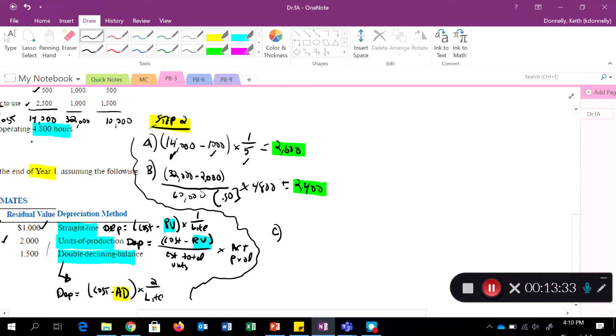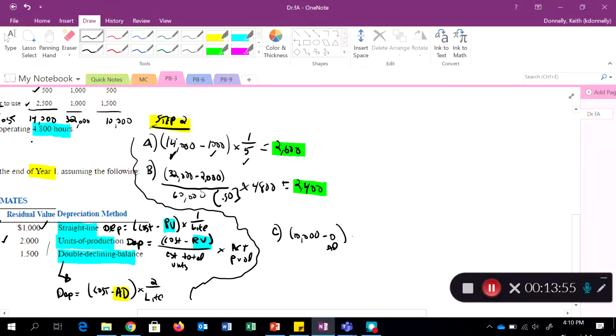So for C, we know here we're using double declining balance. So it's going to be our cost in this case, which is 10,000. Given that it's year 1, we haven't depreciated this thing yet. So it's going to have 0 accumulated depreciation.